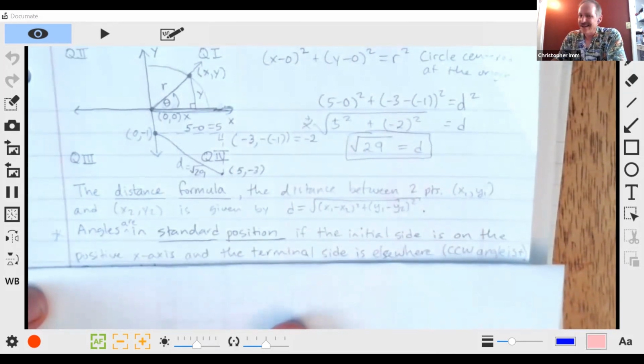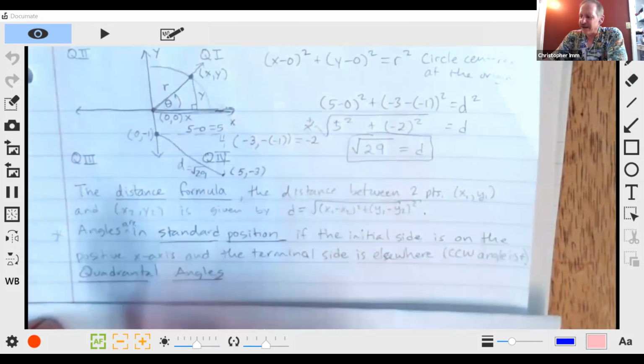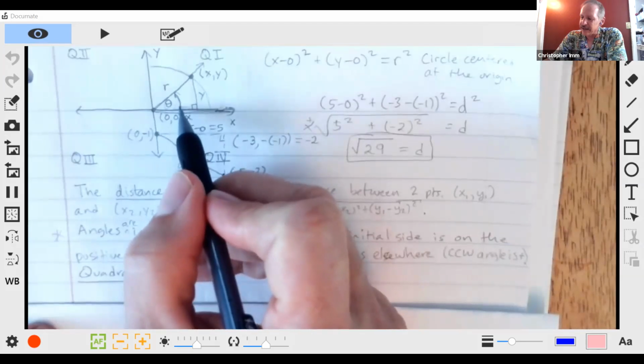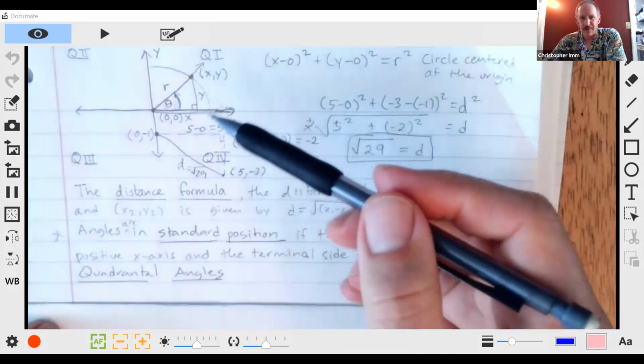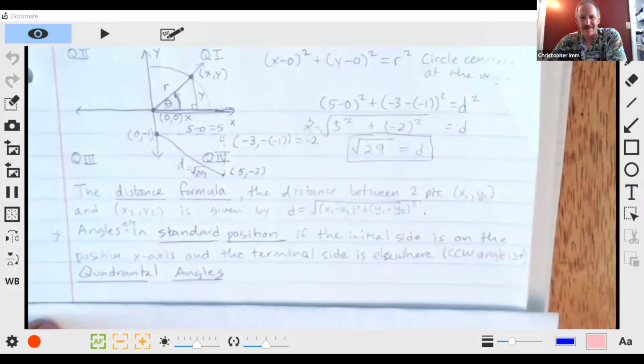Okay. Next, quadrantal angles. So this one, here's some more terminology. So this angle here, what quadrant does it terminate in? The terminator. What quadrant does this one terminate in? Anybody? First quadrant.